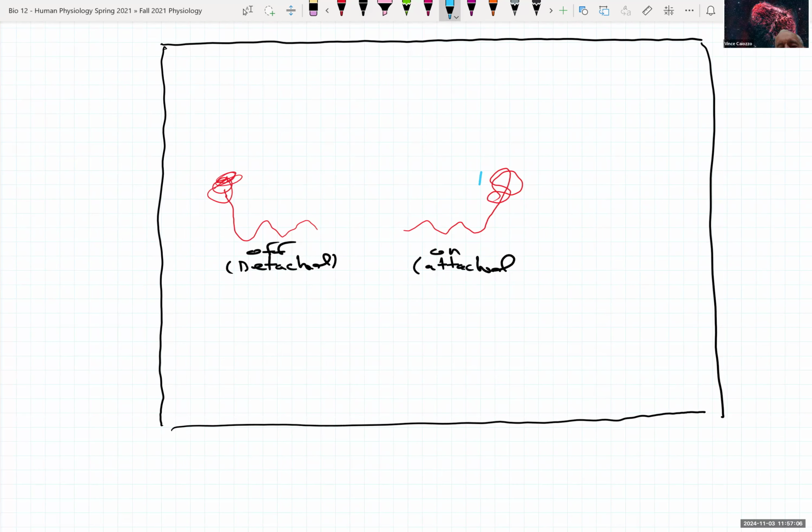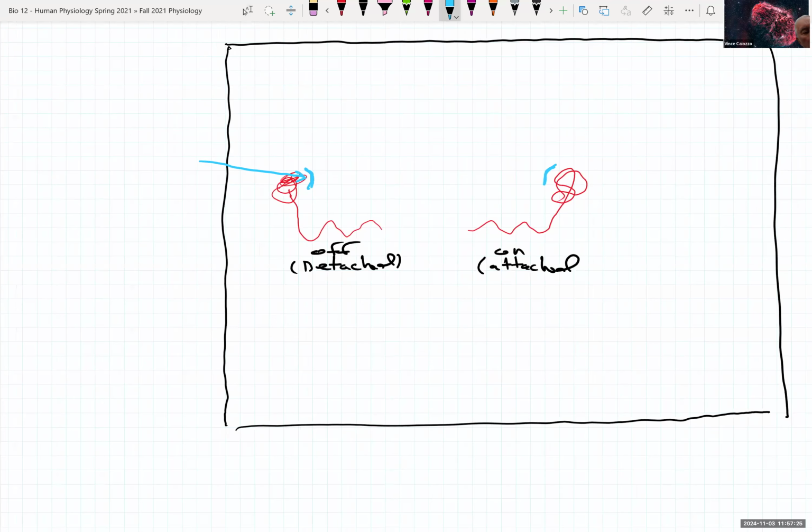And I'm just going to represent that as shown here in light blue. So I'll just draw a blue arrow over to here. And I'm going to put a label here that reads regulatory myosin light chain.